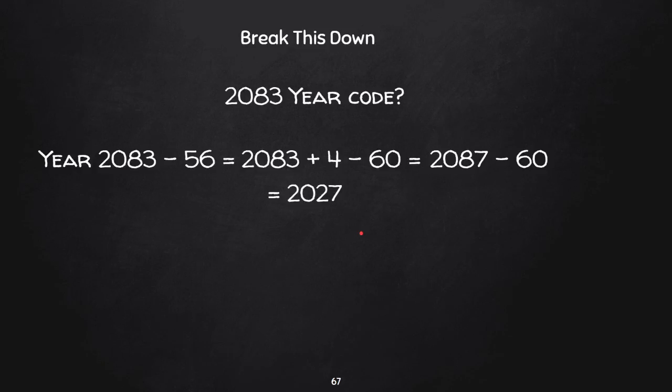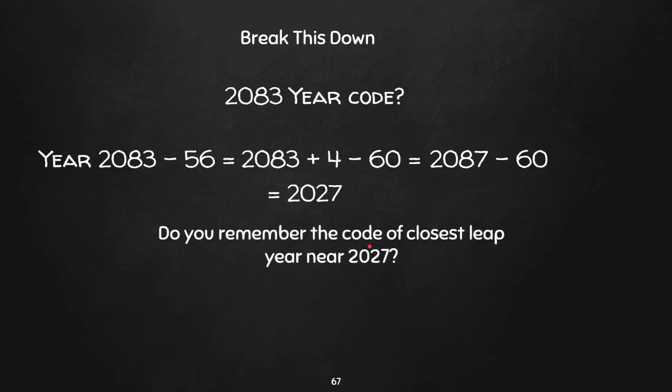And we have already learned how to calculate the year code for 2027. We need the code of the nearest leap year near 2027, and our solution becomes 2 plus 3 equals 5. So the code for 2083 is also 5.